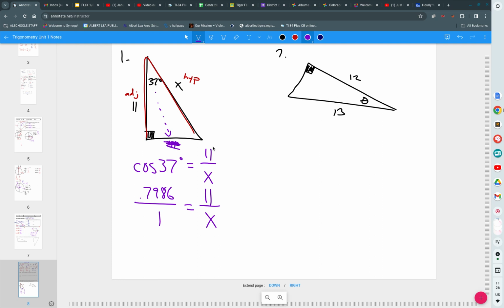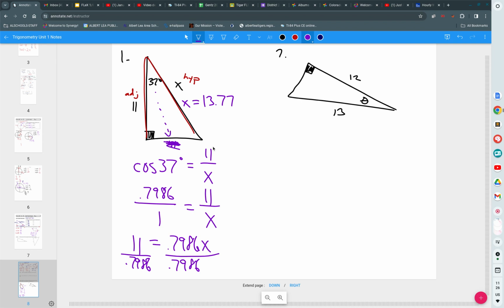When you cross multiply, you get 11 equals 0.7986 times x. So we divide both sides by 0.7986. And what did you come up with, folks? 13? 13.77.